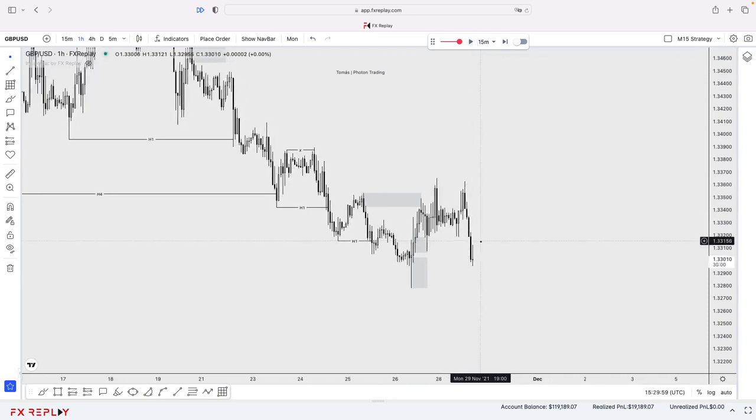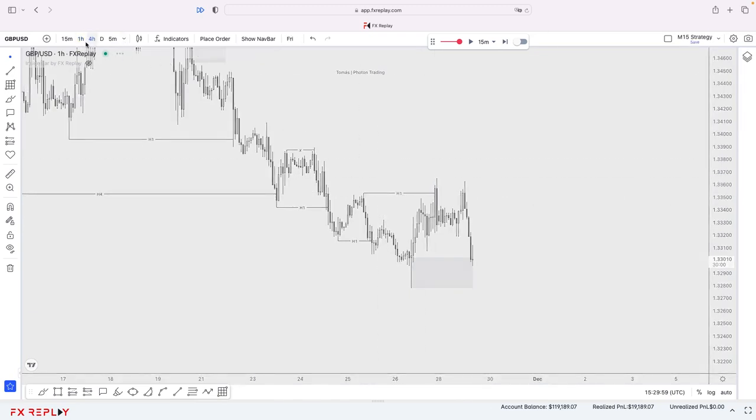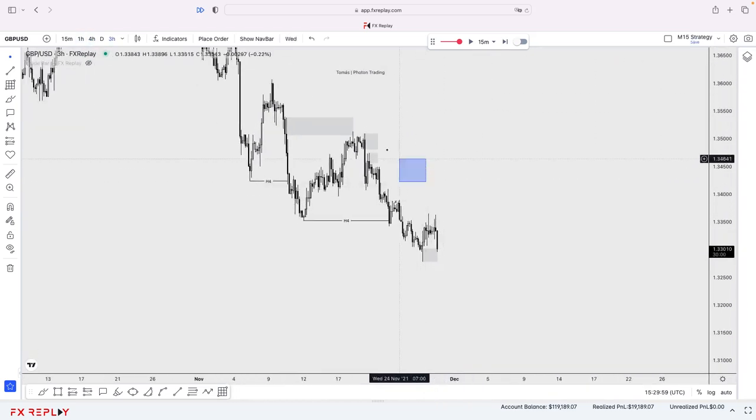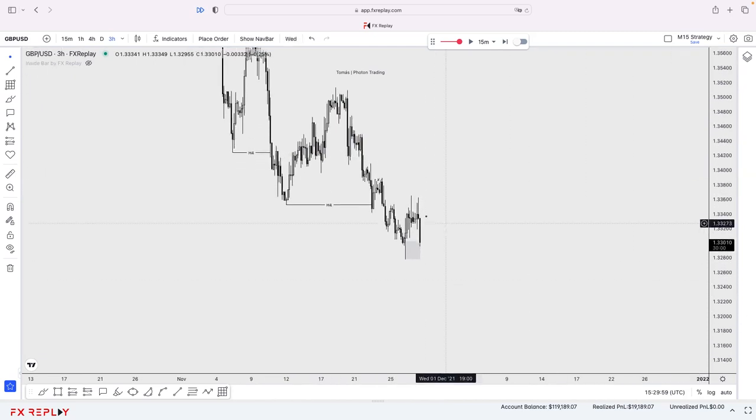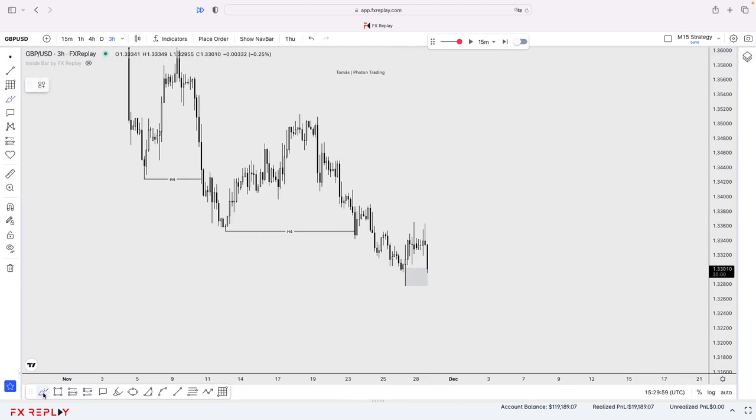Okay, and price went to the downside. So now it's valid to look for buys, because we have H1 breakout structure. Let's go to M3. So what's happening? I can see straight away that two things can happen here.